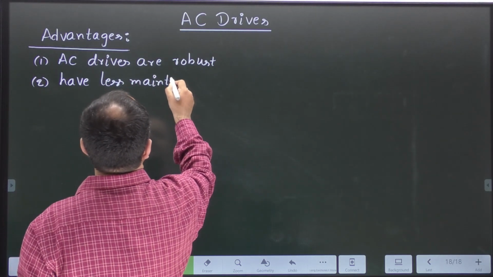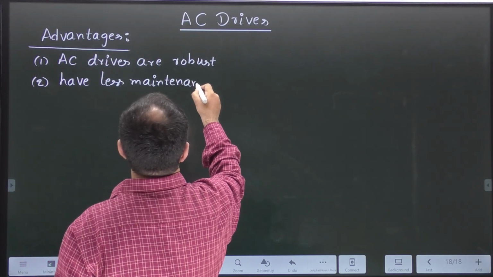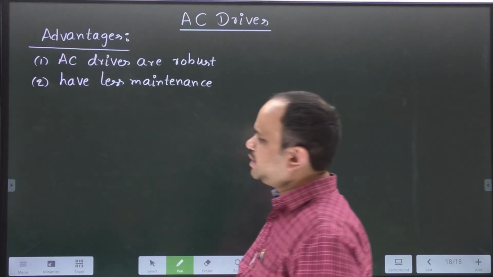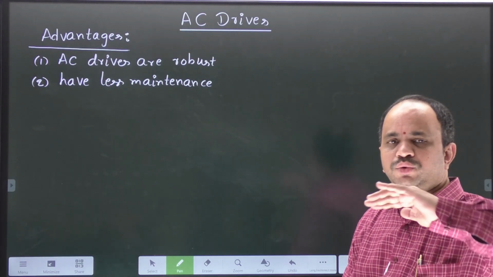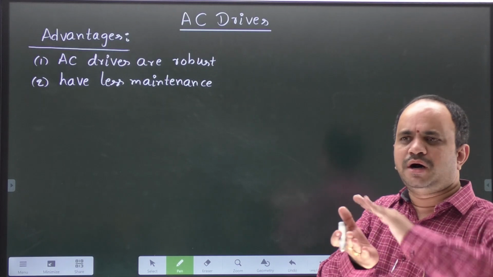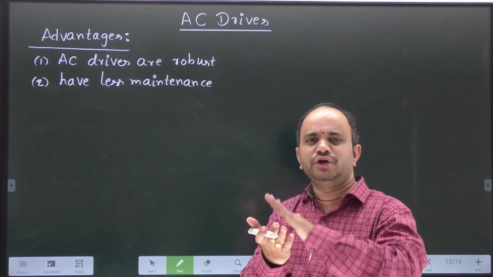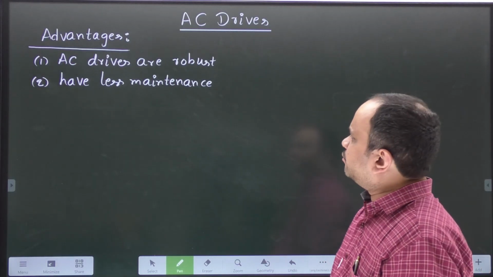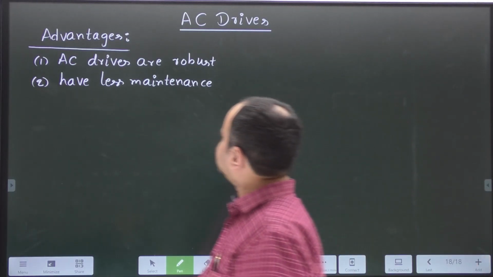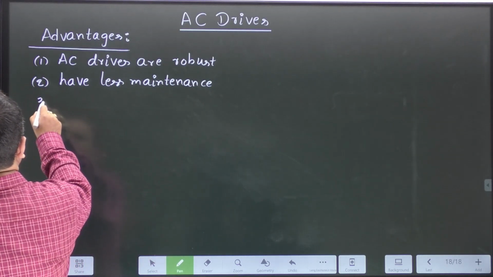Why? Because in case of DC drives, as the basic motor is DC motor, due to the brush contact on the surface of the commutator, continuously you have to clean it. It needs more maintenance. Whereas in AC drives, it has less maintenance.